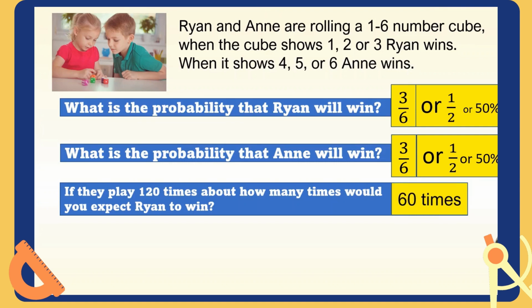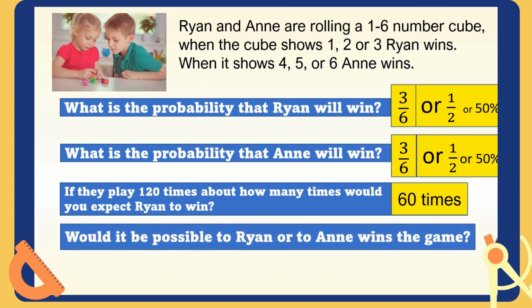Kasi kung 100 times sila naglaro, syempre kunin natin dun yung kalahati kasi nga 50% siya pwede manalo at 50% siya pwede matalo. So, 120 i-divide natin sa dalawa, that is 60 times. So, 60 times na tsansa na mananalo si Ryan at ganun din kay Anne.